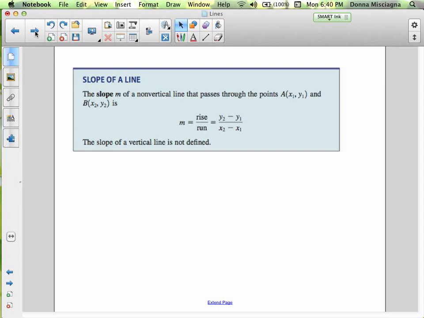Right, so the slope of a vertical line is not defined because we have 0 in a denominator. That's why we call that kind of slope undefined. Sometimes it's called no slope, but to me no slope could be confused with 0 slope, which is what a horizontal line has. So the slope of a vertical line is undefined because we have 0 in a denominator.